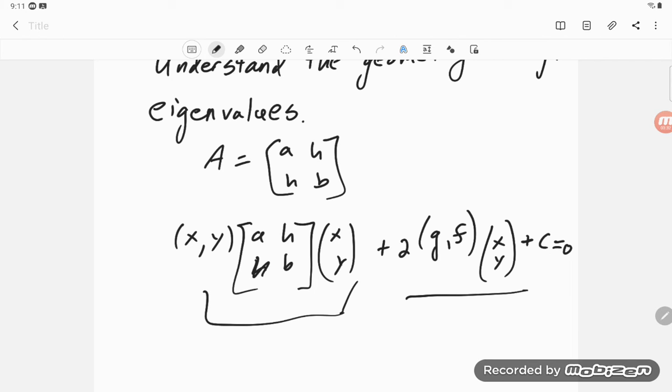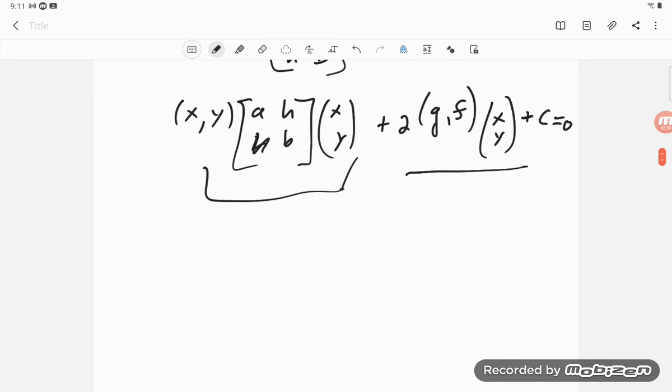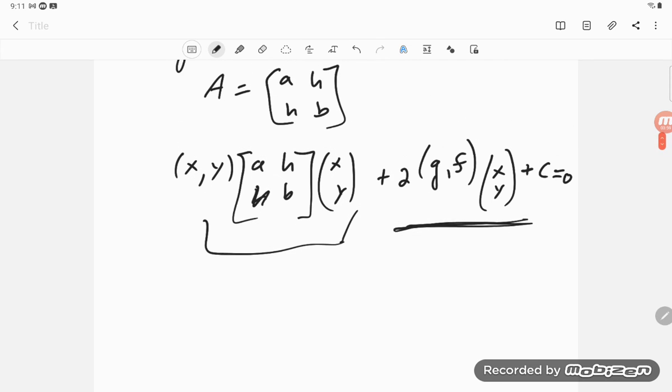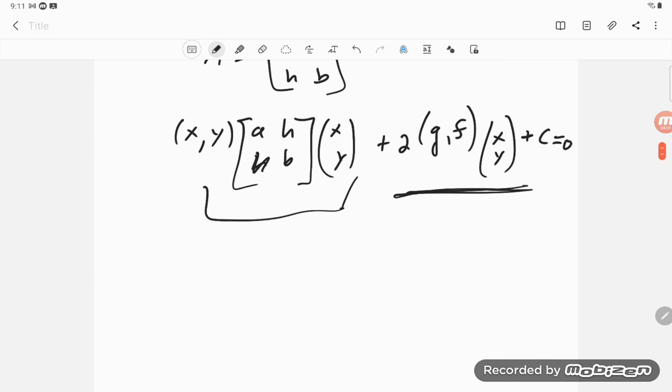And then c has to do with the size, focus and things like that of the geometry we get. So again, these are going to be conic sections, but in this very general form, they could be all over the place. Originally they were centered at 0, but now with this stuff we can center them somewhere else.